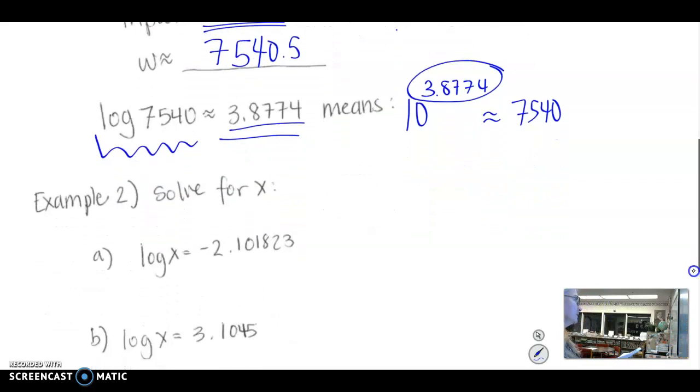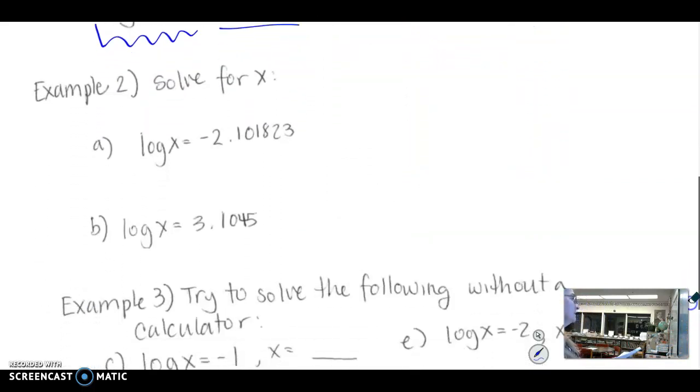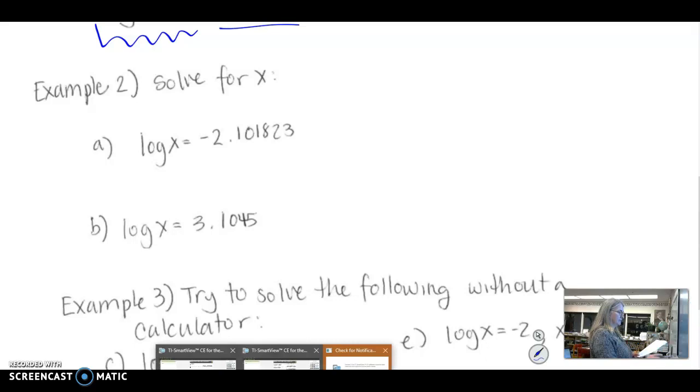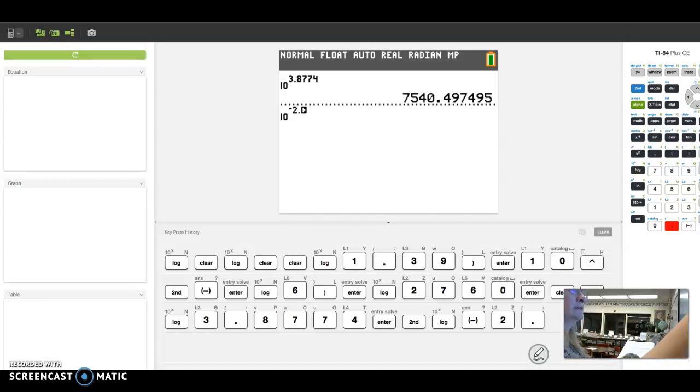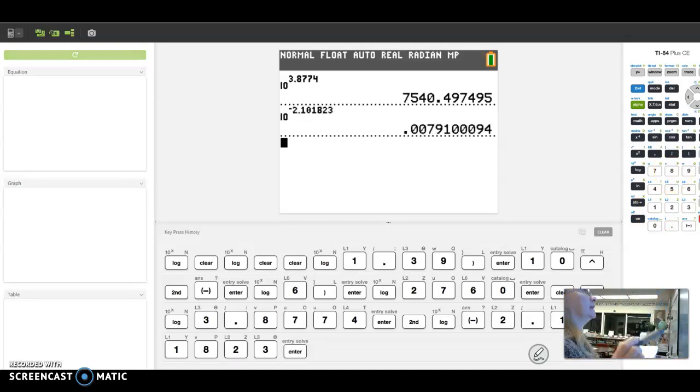All right, so here's a couple for you to try. You should try these example 2A and B on your own, and then come back and check your work. So for example A, I can just hit the second, 10 to the x, and then type in negative 2.101823, and I get 0.0079.